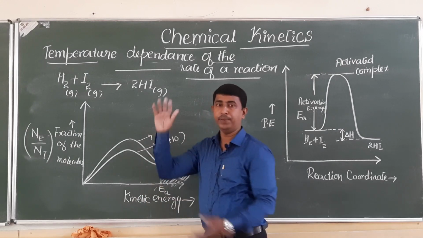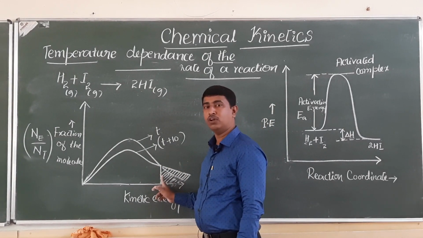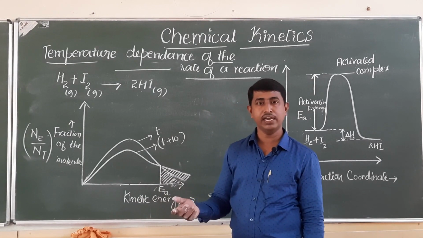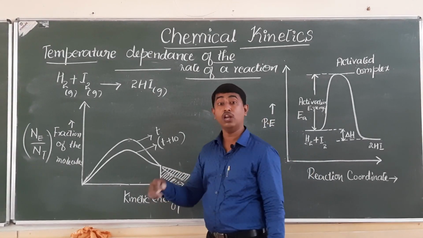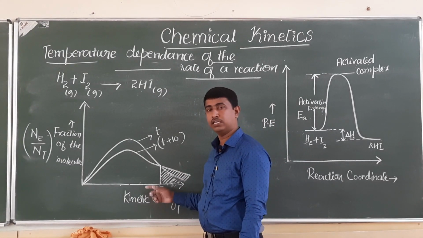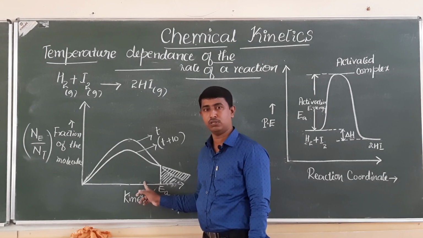As a result, the peak of the curve gets reduced and the curve broadens out, and the fraction of molecules with energy EA or greater than EA doubles. As a result, the rate constant, or rate of the reaction, also doubles.